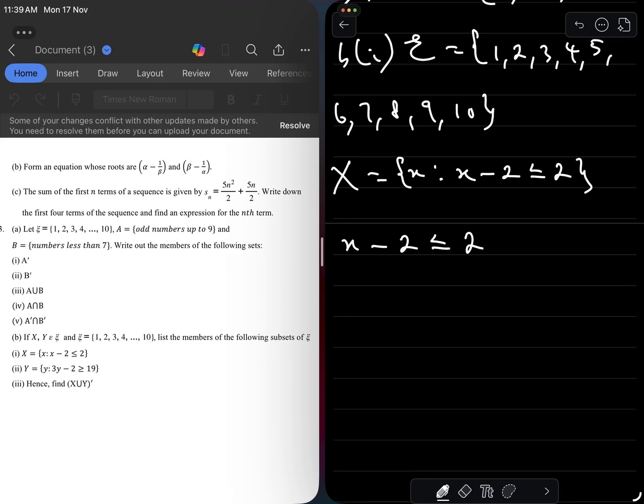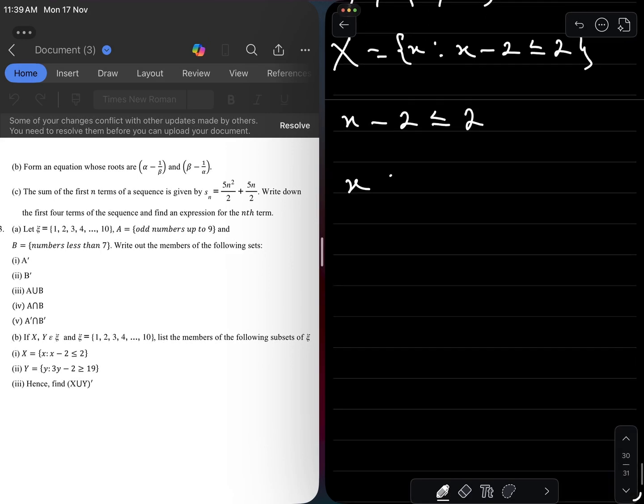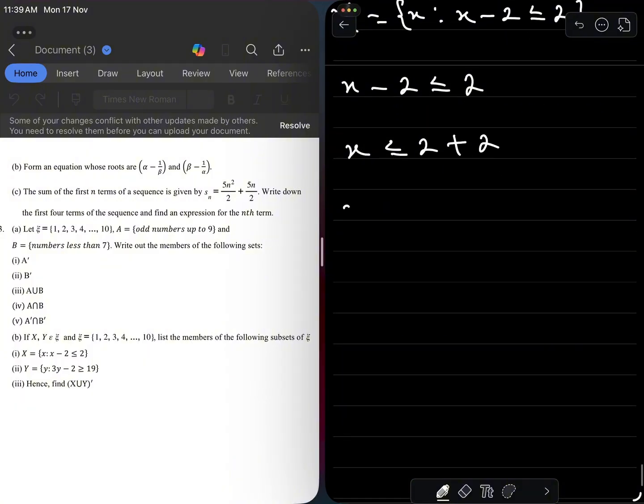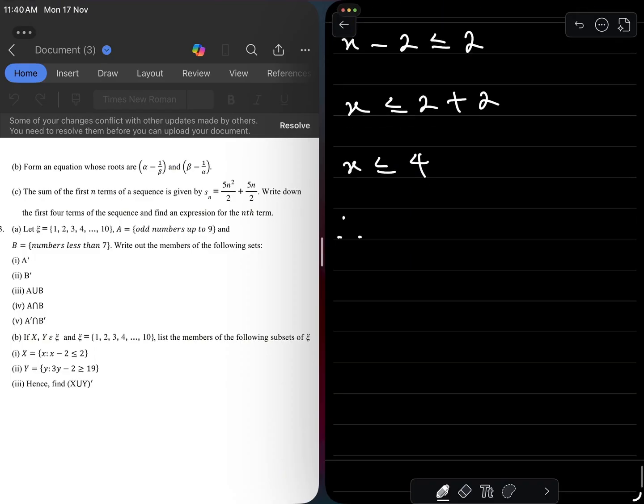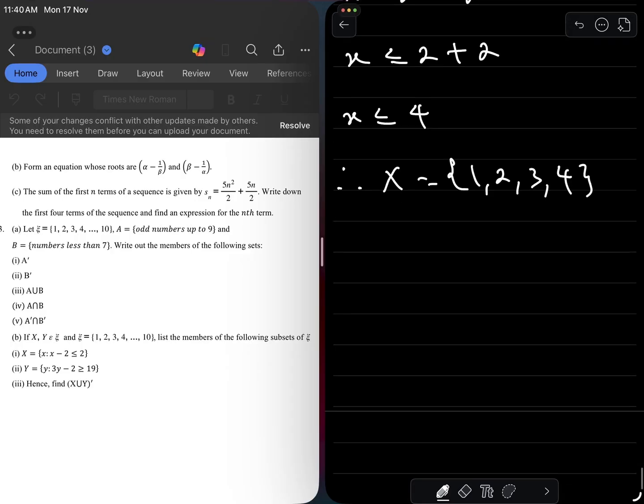That means x is less than or equal to 2 plus 2. If you move this minus 2 to the right-hand side, it becomes plus 2. And that means x is less than or equal to 4. So therefore the elements of the set X are 1, 2, 3, and 4, because it says x is less than or equal to 4. And those are the elements of the set X.